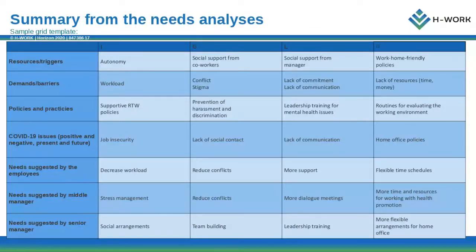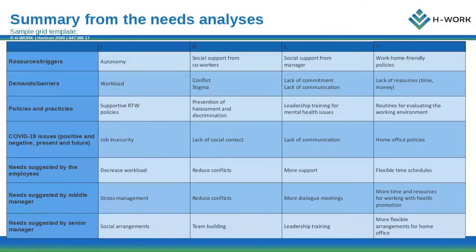So after all this data has been collected, we'd produce a summary for the needs analysis. That would look at the different levels of resources and demands at the individual, group, leader and organisational level.